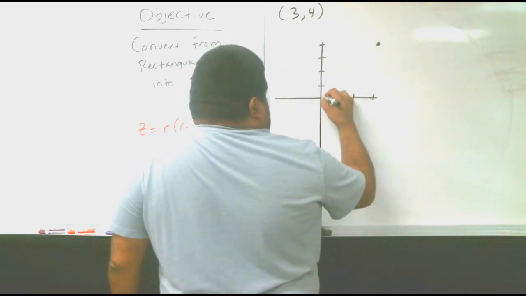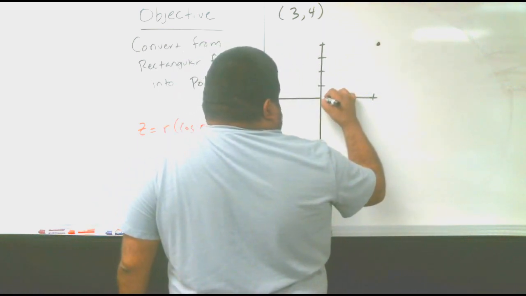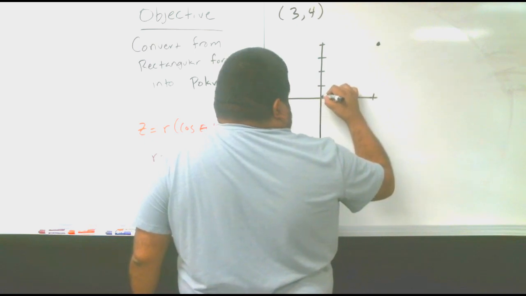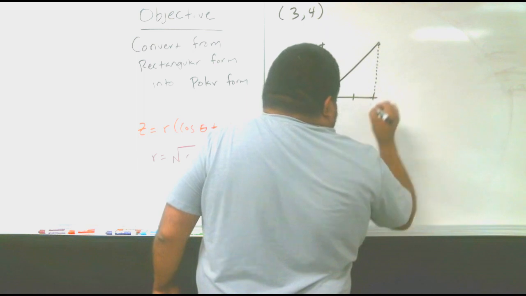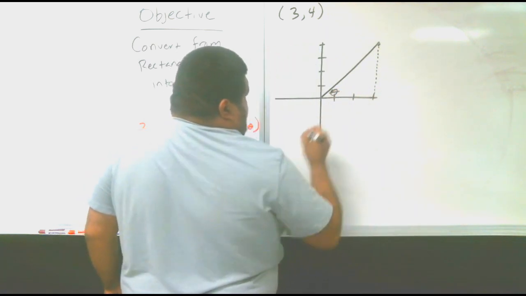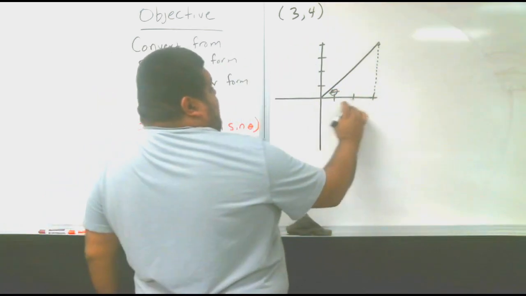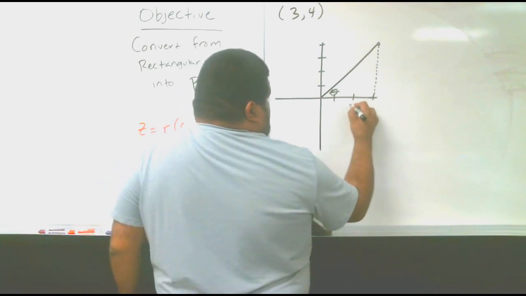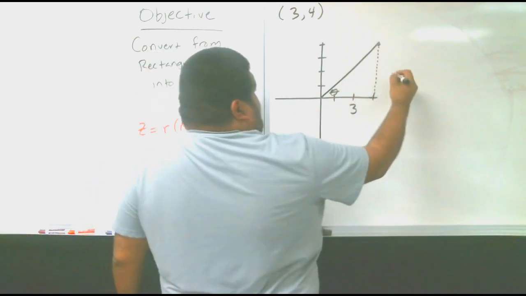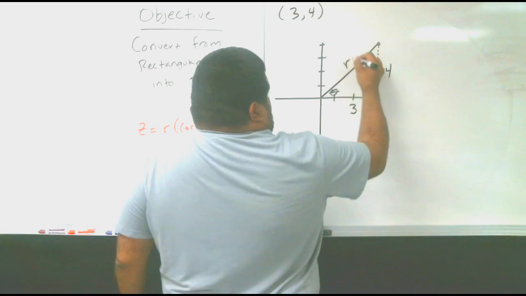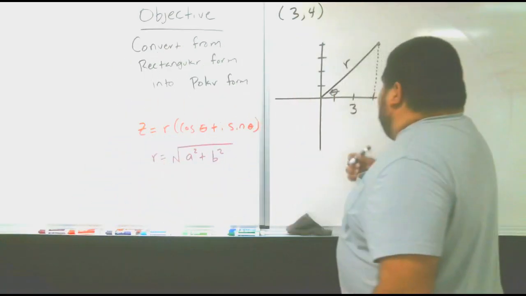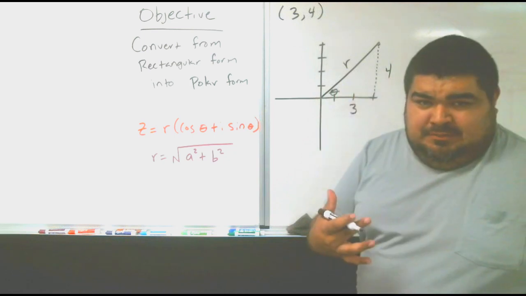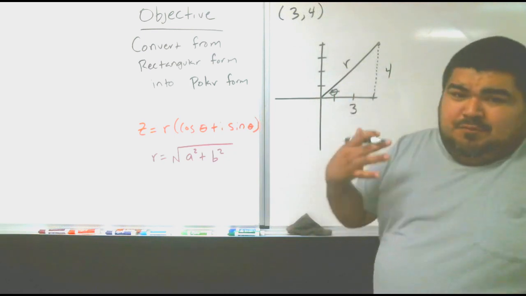Obviously we have our line, theta. We know that the bottom is 3. We know our height is 4. Our r is our radius. So we have to find r to complete this first part, to leave it in polar form.